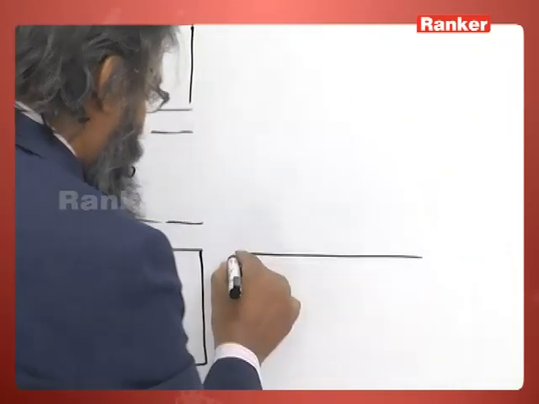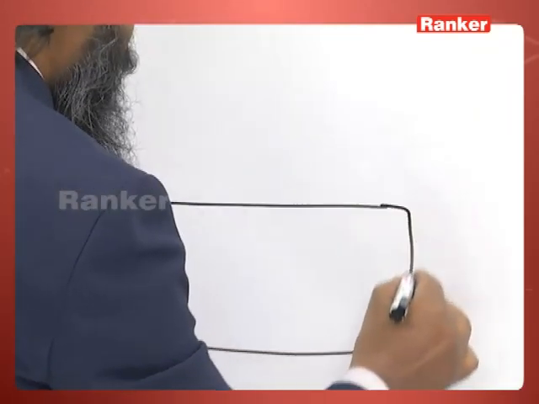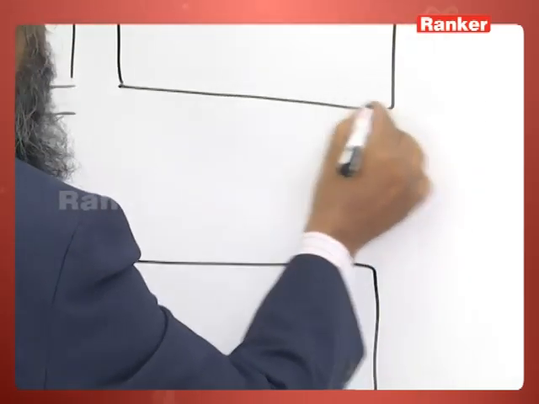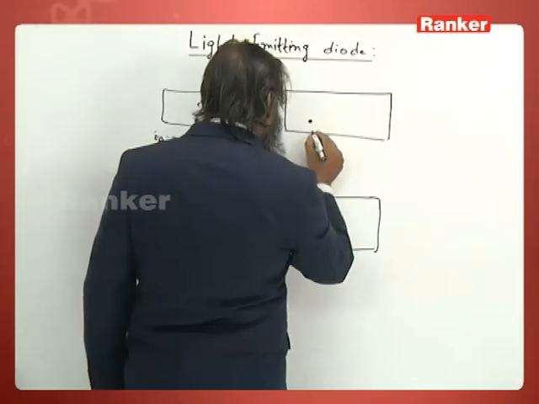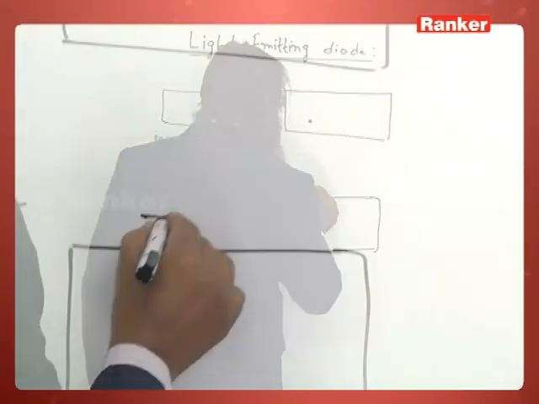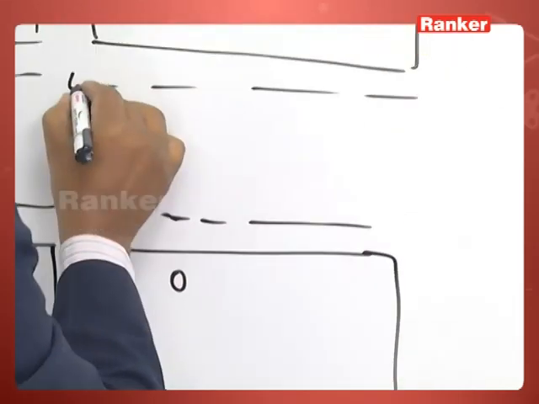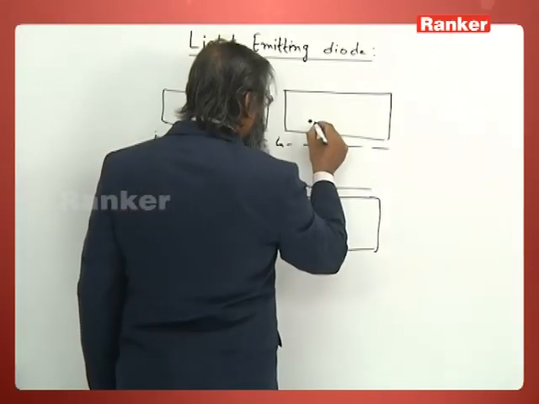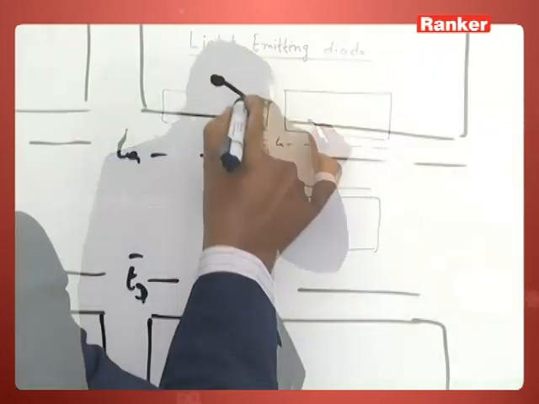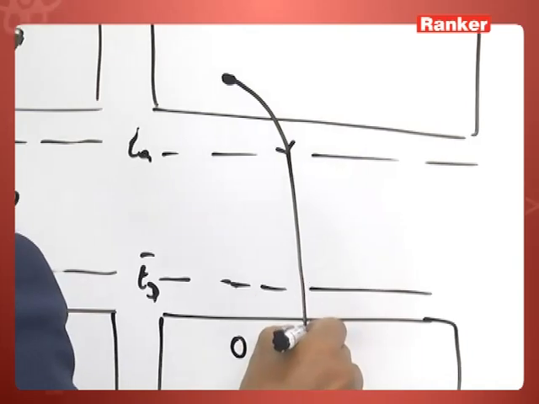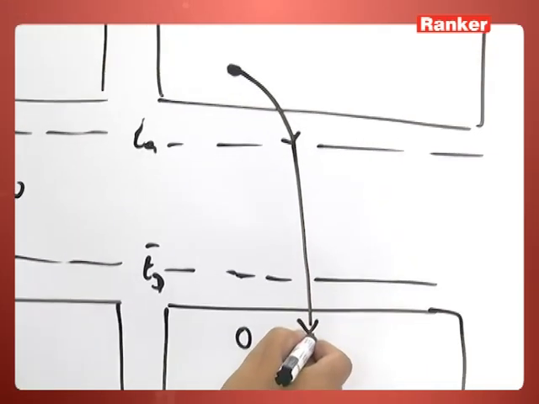There are many possibilities. There is one more possibility: suppose this electron is here and this is a hole. This is the donor level, and this is the acceptor level, E acceptor. This electron may come to this state, and then it may come to this state, which means it may combine with a hole.